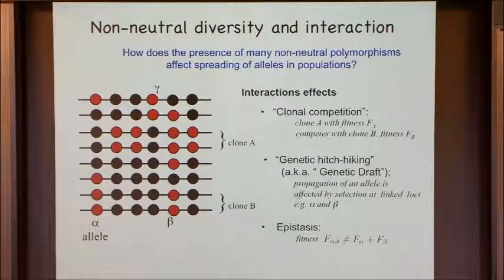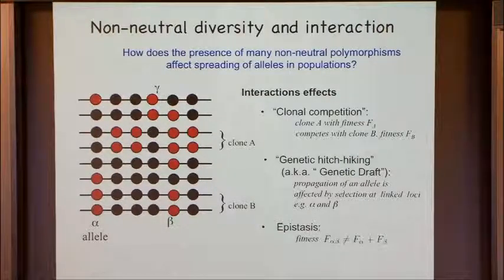So the probability of fixation for a given allele depends on which genotype it lives on. And this allele alpha, for example, sometimes will be coupled to the fate of allele beta. Sometimes it will be coupled to the fate of some other allele.